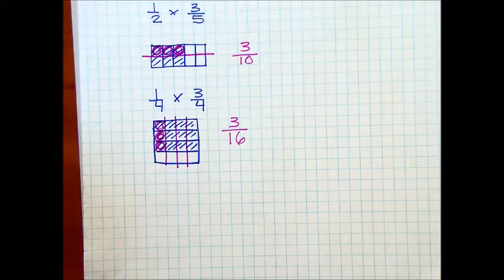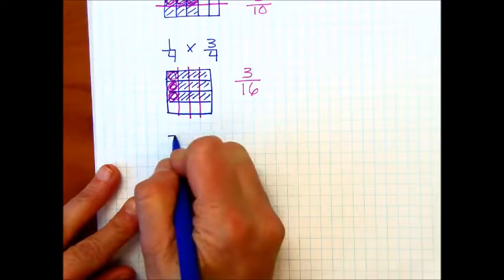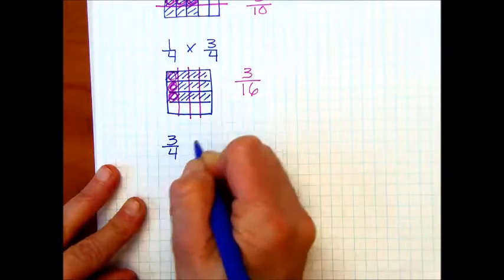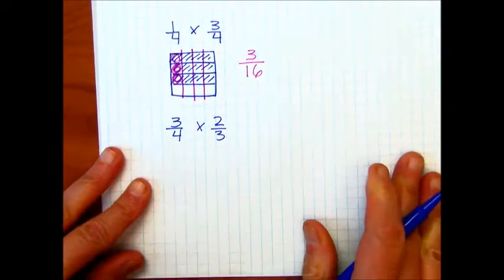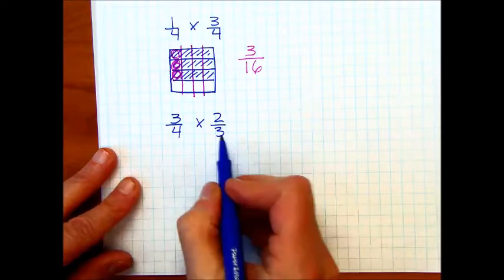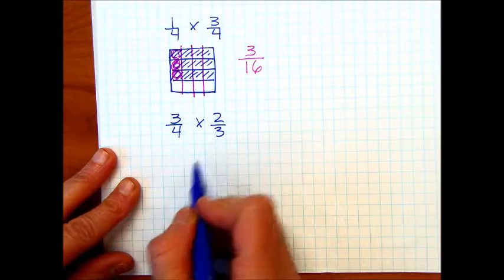Let's do one more with the model. In this model, we will have 3/4 times 2/3. Okay, so I want to draw a picture to represent 2/3.